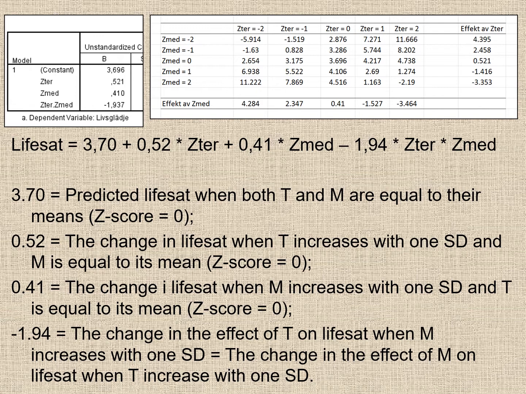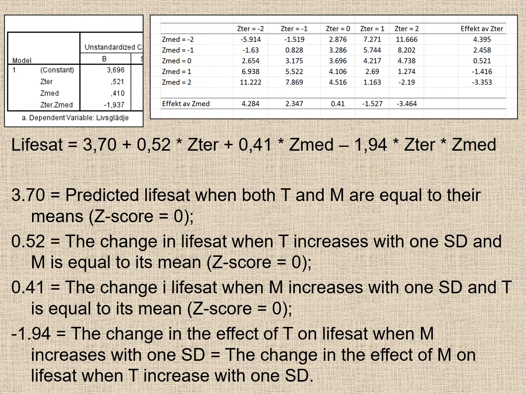Let's have a look here. Zeta therapy 0. So we look at people who receive an average amount of therapy. And then we have a look at 5 different levels of medication here. And we see that for every increase in medication, the life satisfaction increases. How much? Well, it increases by 0.41. And that's exactly the same value as there.